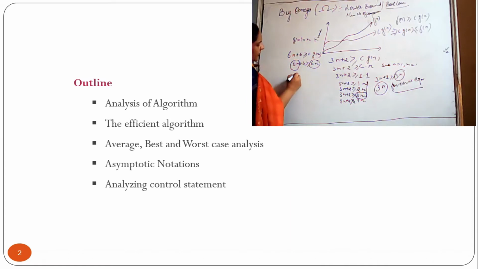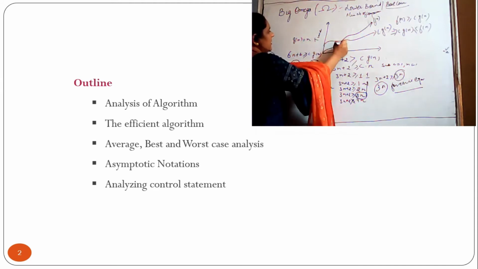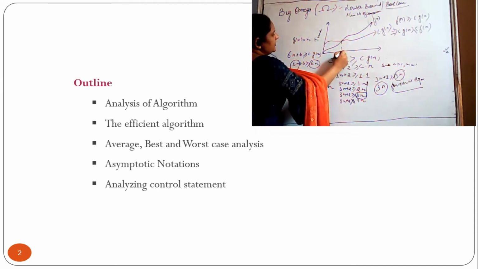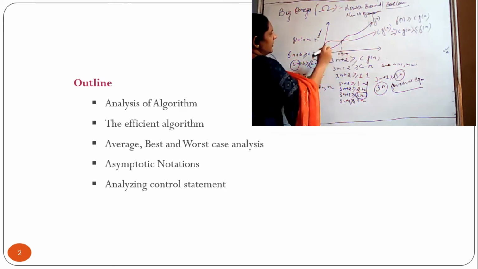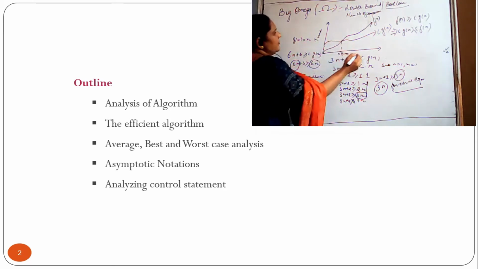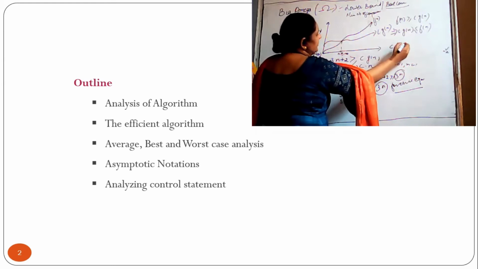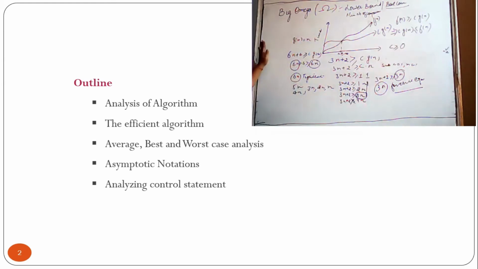You have to go for 6n because this is the tightest bound, although this equation is also holding for 5n, 4n, 3n, 2n and n. So this is called the lower bound, which we are able to find by using this, for certain n greater than or equal to n naught, where n naught is equal to 1, and for a certain constant greater than 0. This is the lowest bound which we are going to find.